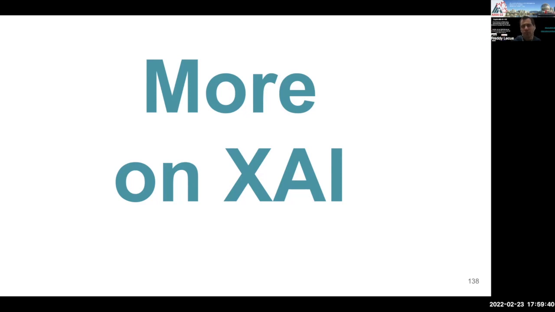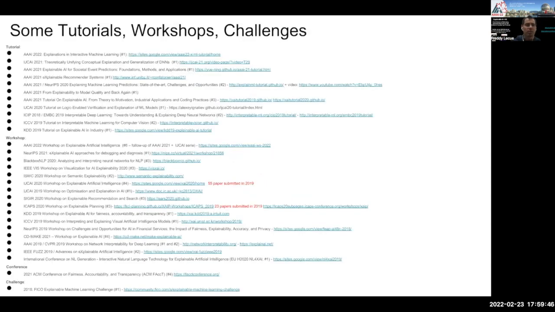So now there's plenty of new techniques and tool sets that you have, but there's much more. So here's the set of tutorials and workshops. So if you do planning, machine learning, image classification, reinforcement learning, if you do imitation learning, there is a venue for you for doing explanations. There are many workshops.